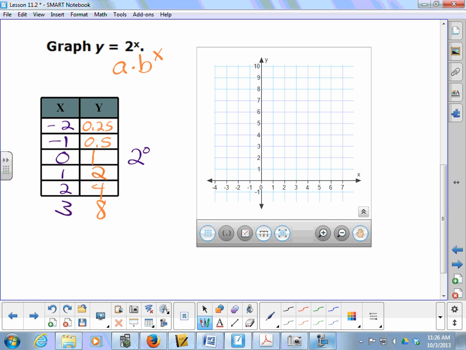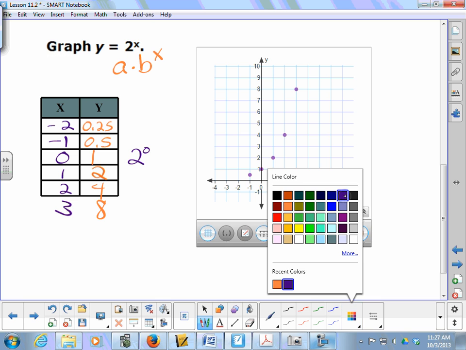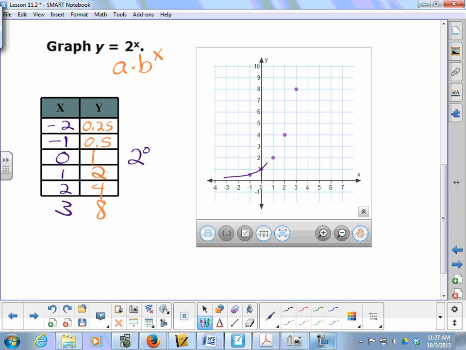And we plot those points. And draw our graph.